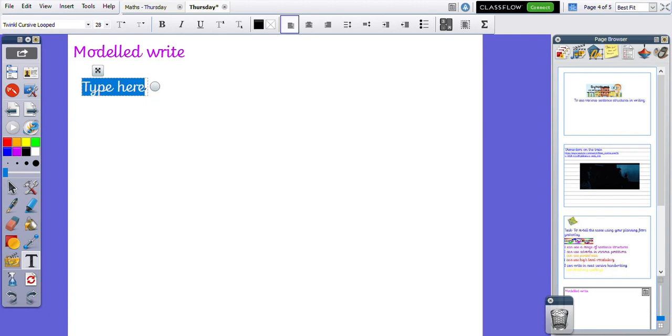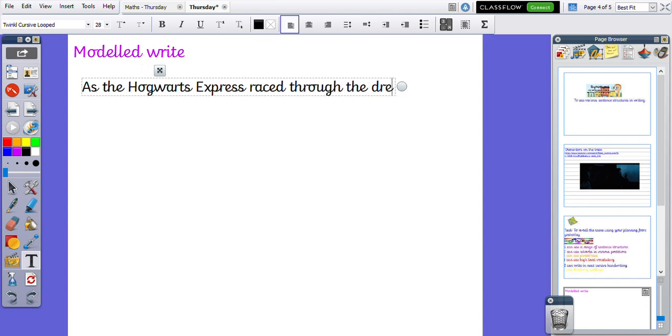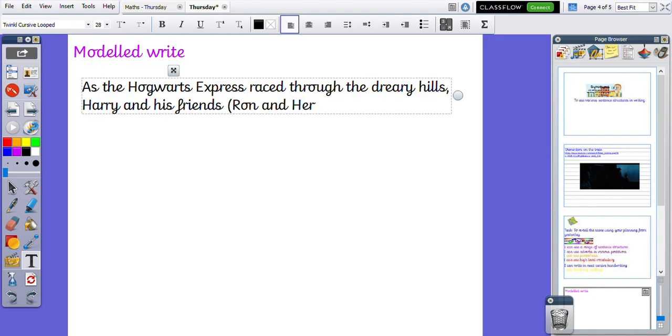Okay, so as the Hogwarts Express, so that's the name of the train they are on, raced through the dreary hills, Harry and his friends, (Ron and Hermione). So I've used my parentheses and brackets there.